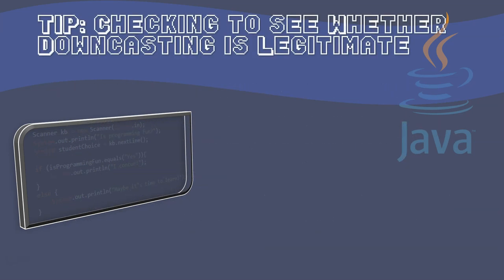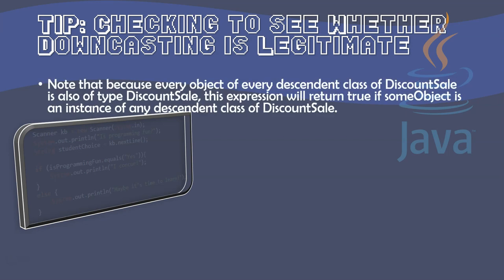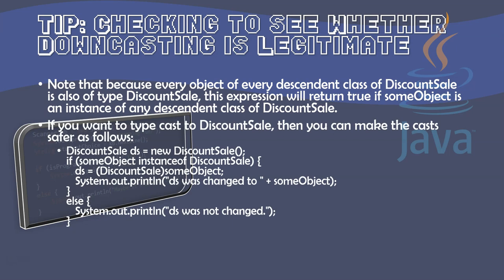A quick tip here: we want to check whether downcasting is legitimate. Because every object of every descendant class of DiscountSale is also of type DiscountSale, that expression would return true if someObject is of any descendant class of DiscountSale as well. So let's look at this. If we want to typecast to DiscountSale, we can make the cast a little bit safer by doing the following. DiscountSale ds equals new DiscountSale. If someObject instanceof DiscountSale, then ds equals (DiscountSale) someObject.